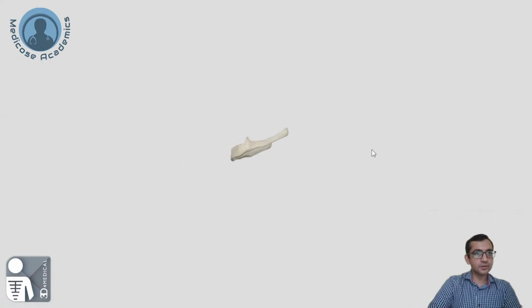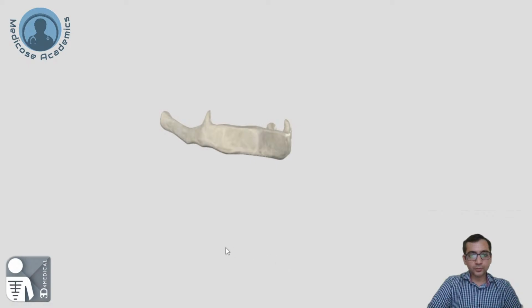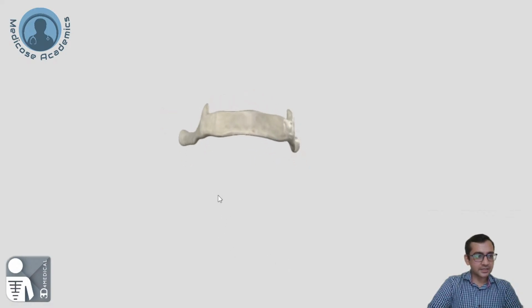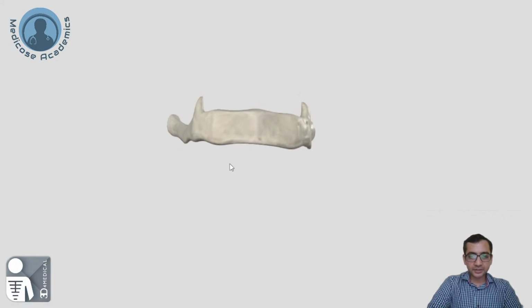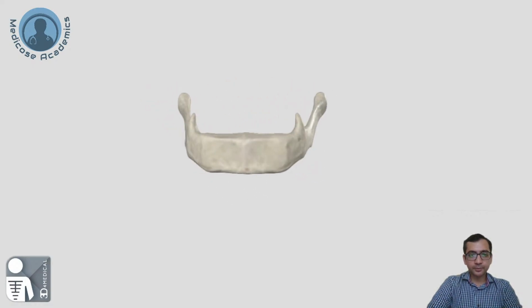The hyoid bone originates partially from the second and partially from the third pharyngeal arch. The bare minimum you should know about the hyoid bone is the names of the three parts. Let me move to the presentation.